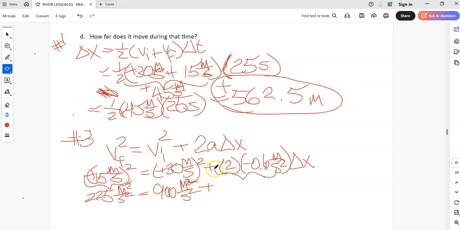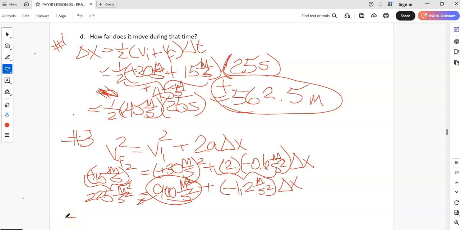And we've got these two terms. We might as well multiply those together. 2 times negative 0.6 is negative 1.2. And we only have one set of units, and that's meters per second squared times our unknown. Well, we need to move this term over to the other side. We subtract it from both sides. And when we do that, we get a total on the left.